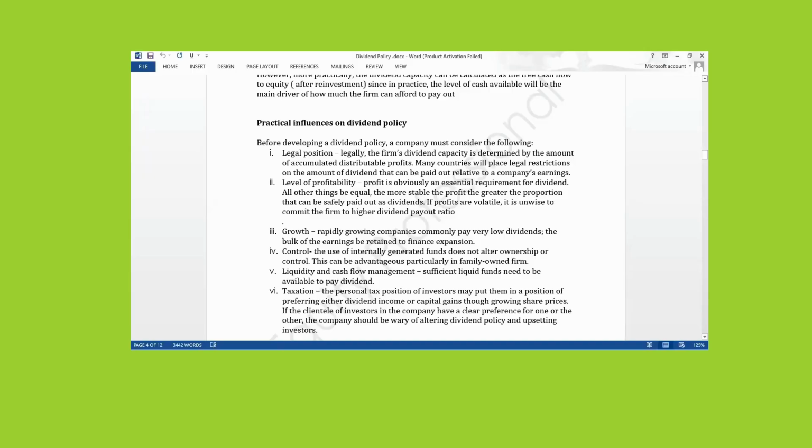Legally, the firm's dividend capacity is determined by the amount of accumulated distributable profits. Your distributable profits will affect your dividend policy. If your accumulated distributable profits are higher, you can pay more dividends.